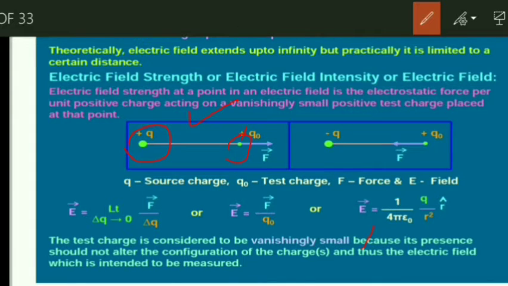In the first figure, we can see that the force is acting away from the test charge. Friends, this should be kept in mind: to test an electric field, we use a small positive test charge. This is the first condition.